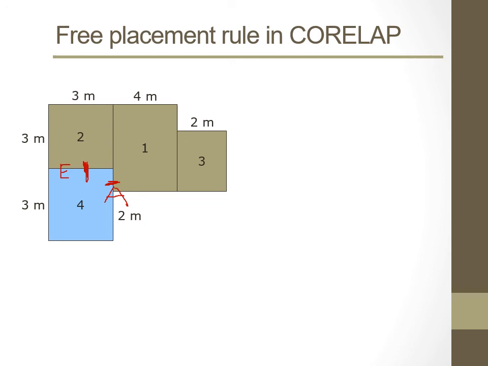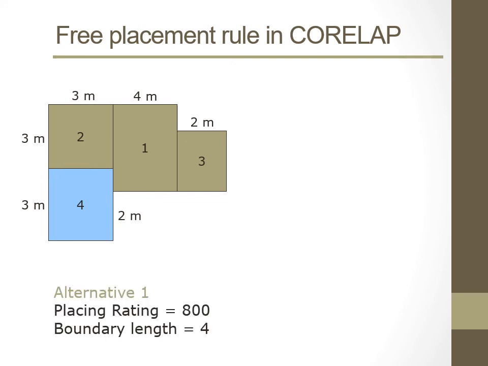So accordingly, the placing rating will be the sum of the weights of A and E. And remember, A was given to us as 600 and E is given to us as 200. So it means that the placing rating for this one would be 800.